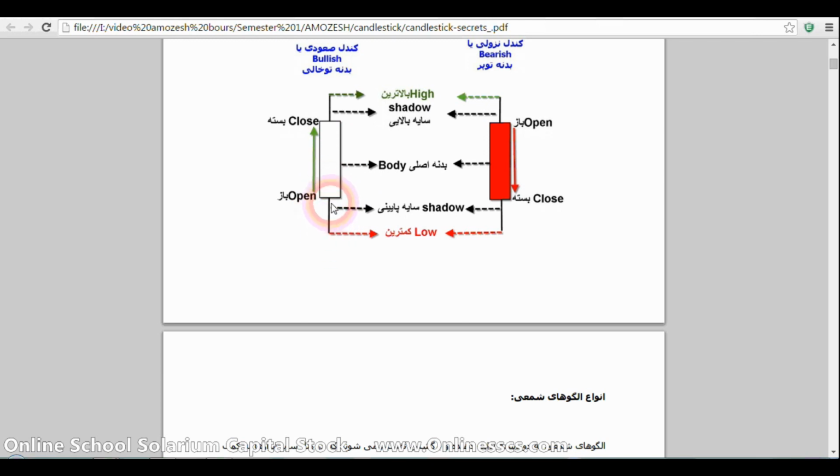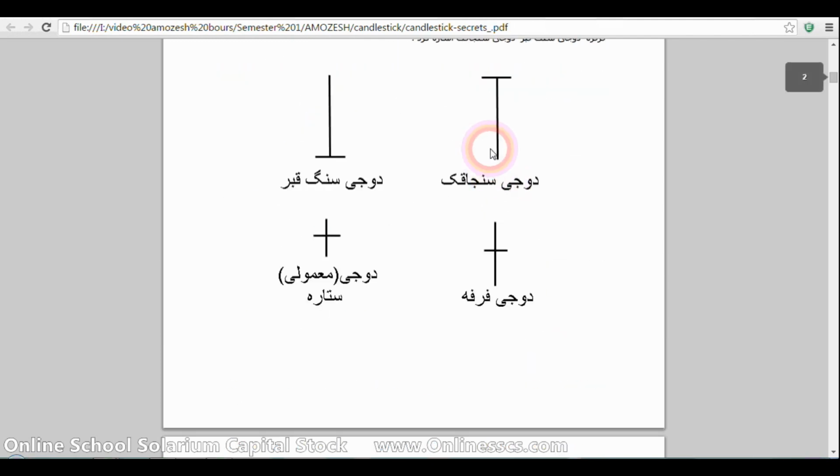And this is the closing of the candle, and it's the high of it. And it's just the same for it. We call it a dragonfly doji. We call this a gravestone doji.